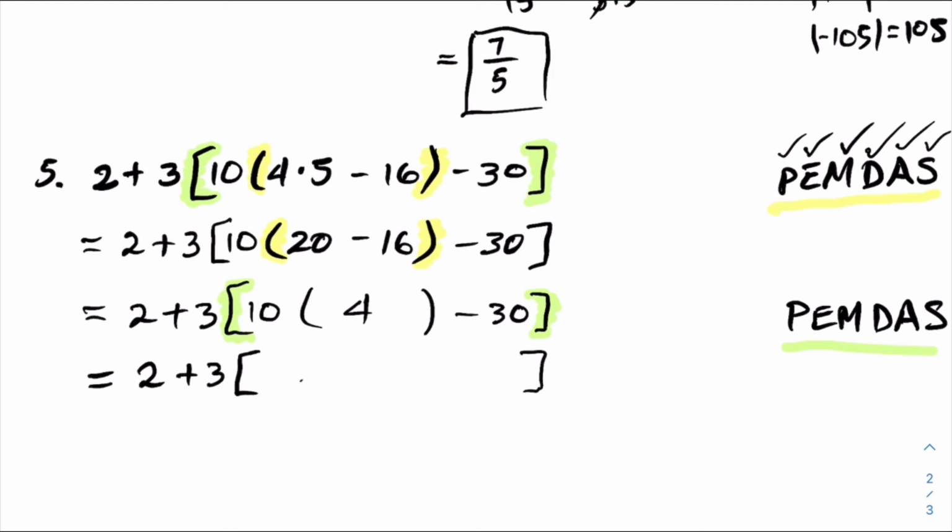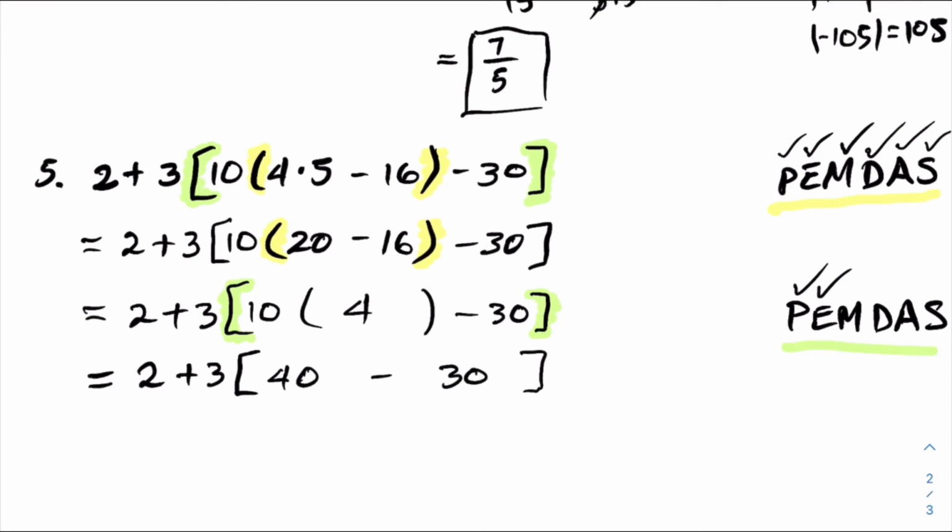There are no exponents. Multiplication, because of the parentheses, that means multiplication. So 10 times 4 is 40 minus 30.